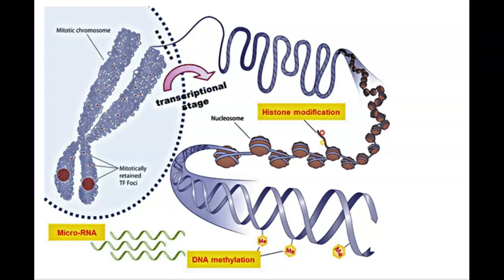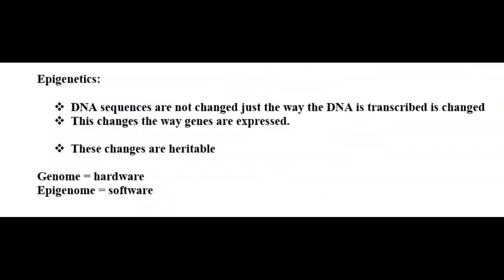Some of them are going to interfere with transcription. If they interfere with transcription, they're going to change which genes can be expressed. So they're changing gene expression, not the actual DNA. DNA sequences are not changed, just the way the DNA is transcribed is changed.